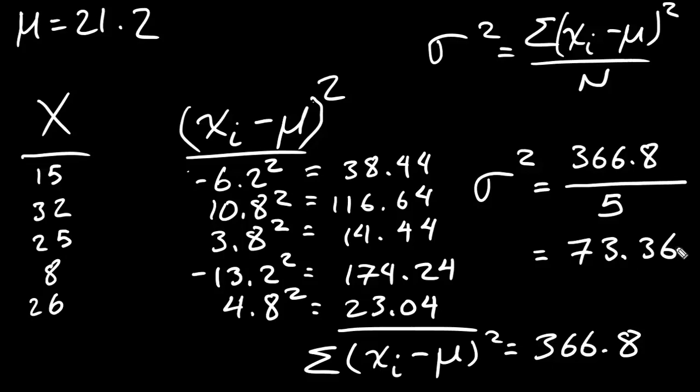Before we move any further, here I did the calculation out more than I normally would. Especially if you had a sample or a population size of 5, which is pretty small, you could do these variance calculations on your computer without having to write any of this out.